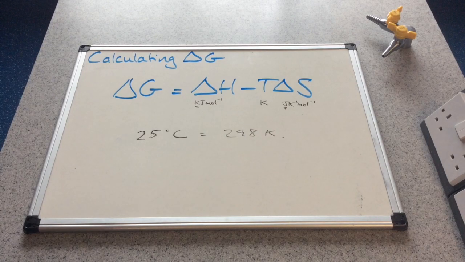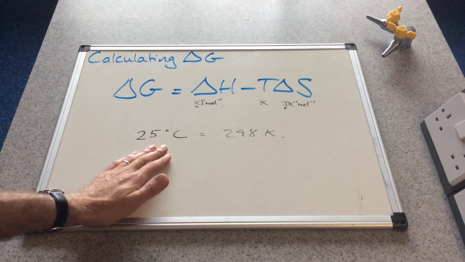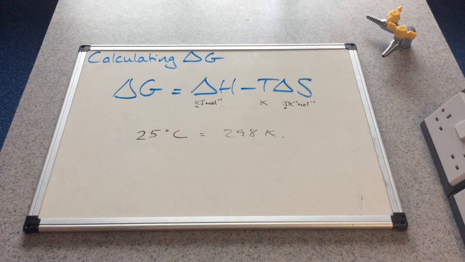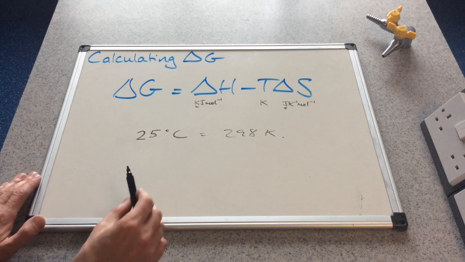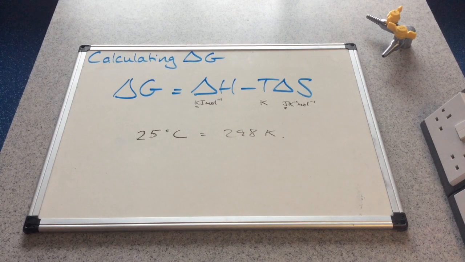If we take our friend the standard temperature, we know from enthalpy chemistry that the standard temperature is 25 degrees C, which is the same as 298 Kelvin. What's the difference between these two? It's 273.